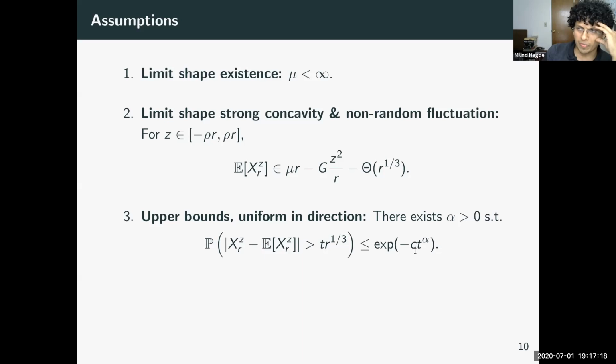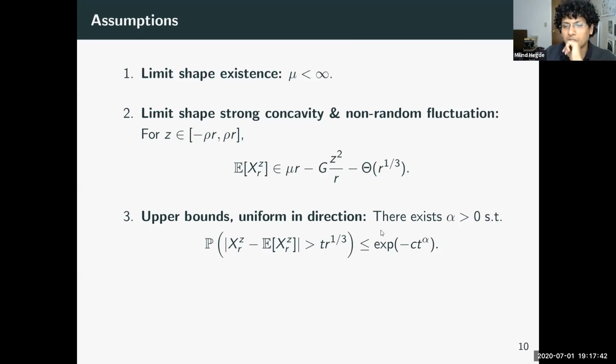So much of the theorem is going to be in taking this initial alpha, which could be arbitrarily small, and bootstrapping it up till you get the optimal exponent of 3/2. And we assume this uniformly in direction, in that in most directions, not all, but in most directions, you have this kind of bound.